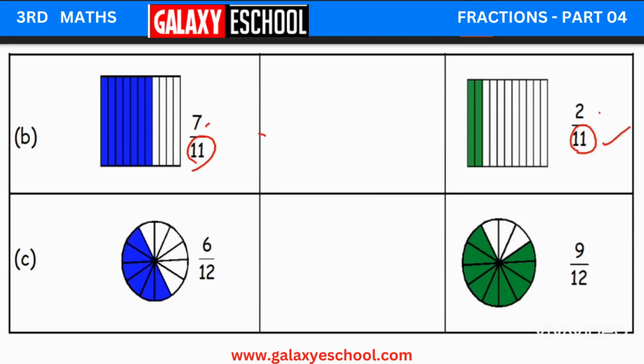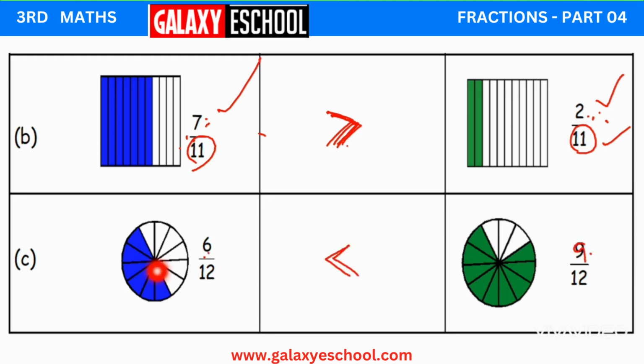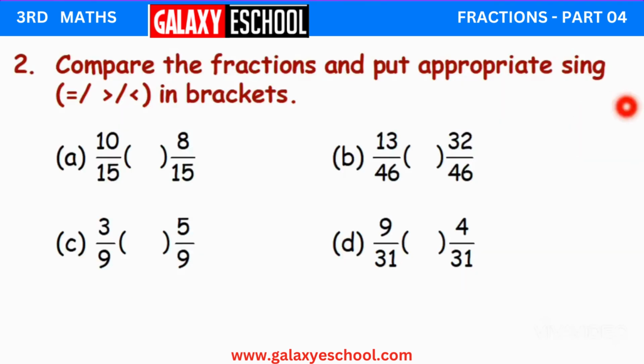So when we compare the numerators, 7 and 2, 7 is greater than 2. Again, opening the mouth towards the greater number, 7 is greater than 2. So 7 by 11 is greater than 2 by 11. Now coming to question C, 6 by 12 and 9 by 12. Again, comparing the numerators, 6 is less than 9. So 6 by 12 is less than 9 by 12.